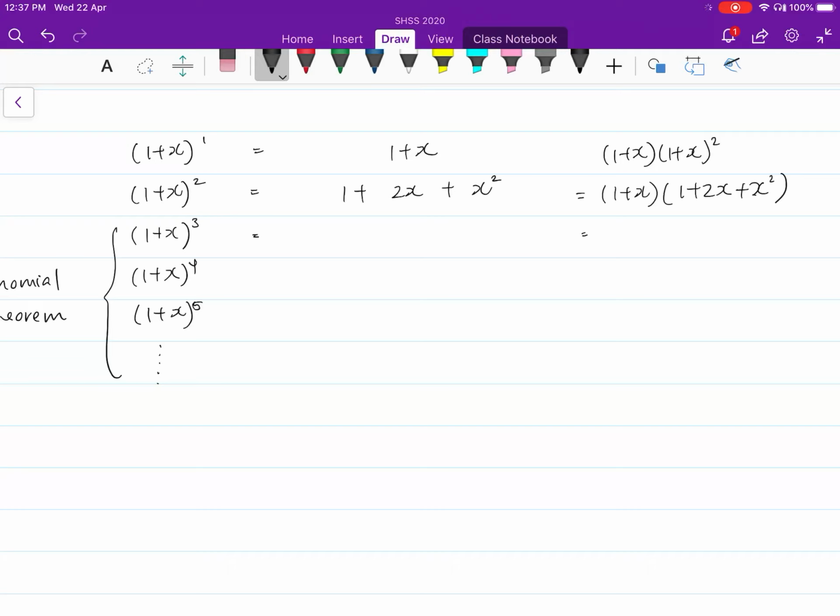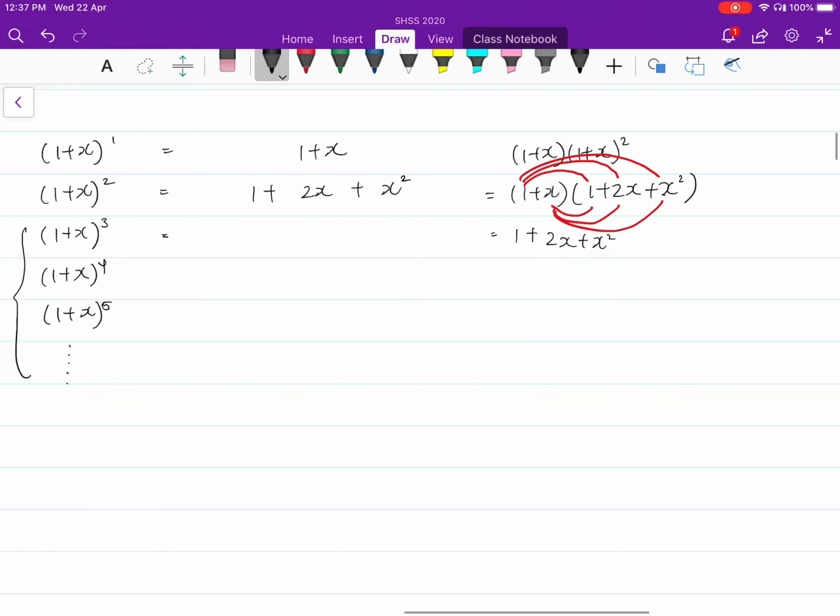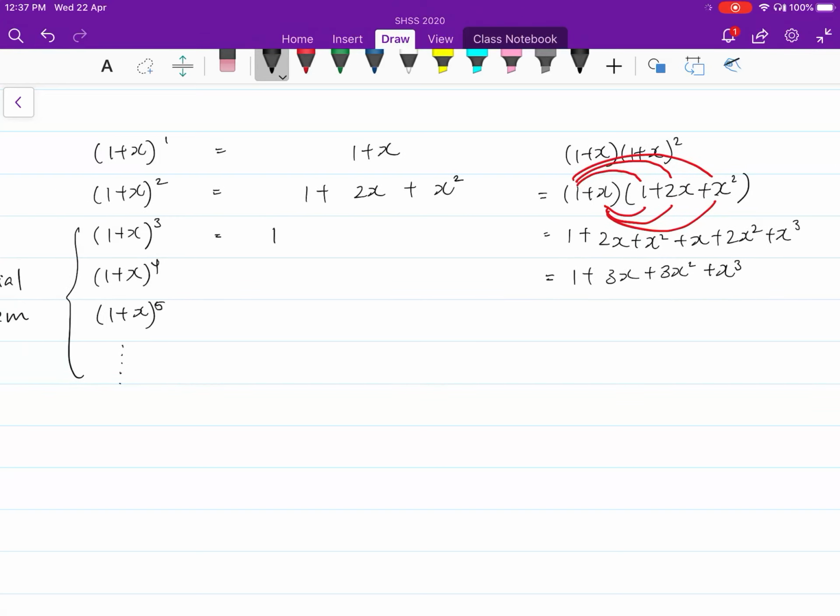If you expand using the rainbow method, this is what we will get: 1 + 2x + x squared + x + 2x squared + x cubed. If we simplify, I will get 1 + 3x + 3x squared + x cubed. So I'm going to write it here: 1 + 3x + 3x squared + x cubed.